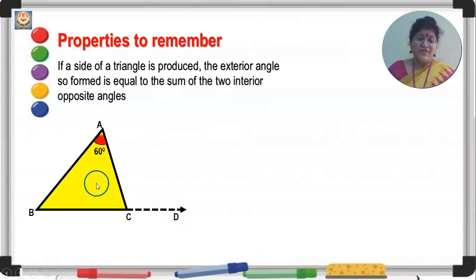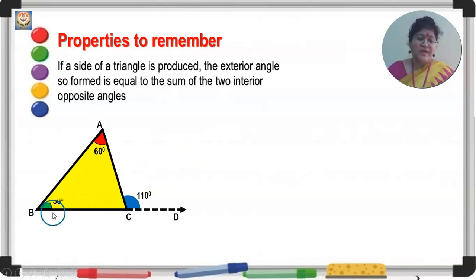And if the measure of angle A, suppose, is 60° and the measure of this exterior angle is 110°, how would you find the measure of this angle B? What would be the measure?